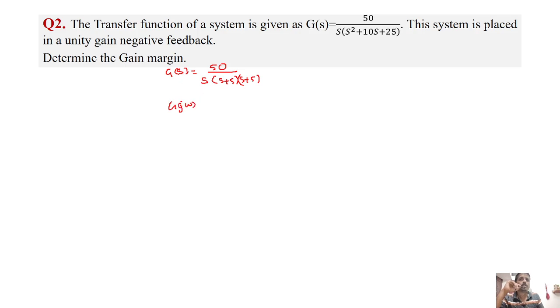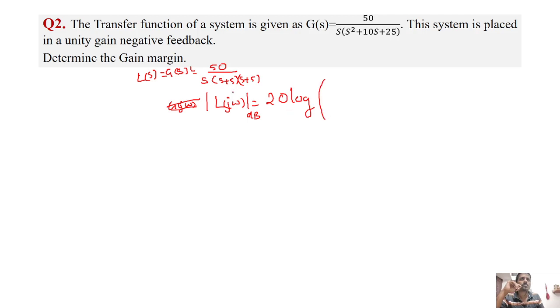This is actually G of s into 1, that is actually the loop gain. So I'll write it as L of s, G of s into 1. Let me write this as L of j omega, the loop gain. So that is equal to, what is the gain? Let me take the mod, and also take it in dB. So it will be 20 log, right? dB means 20 log.